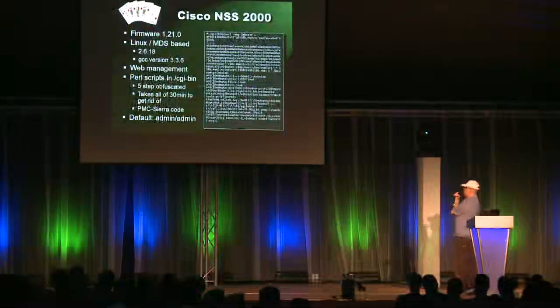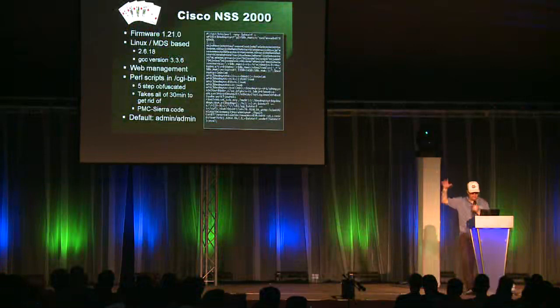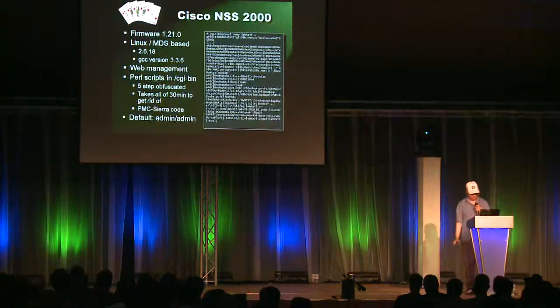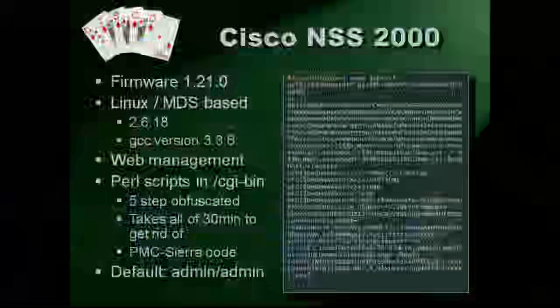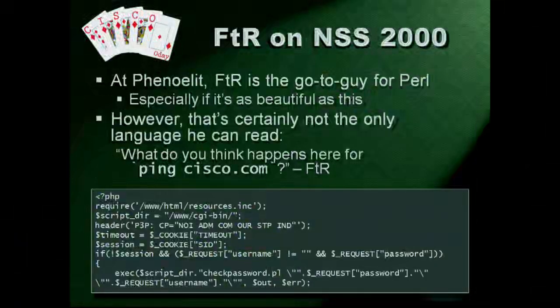Turns out the code was actually older than I. It's actually PMC Sierra code from, I think, end of the 80s. So I wrote the deobfuscation engine in 30 minutes. And I'm the worst coder on the planet. So, that was great. And when we see Perl, we give it to FTR.